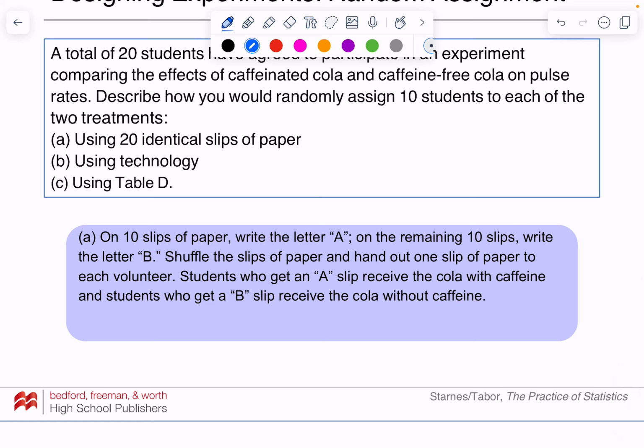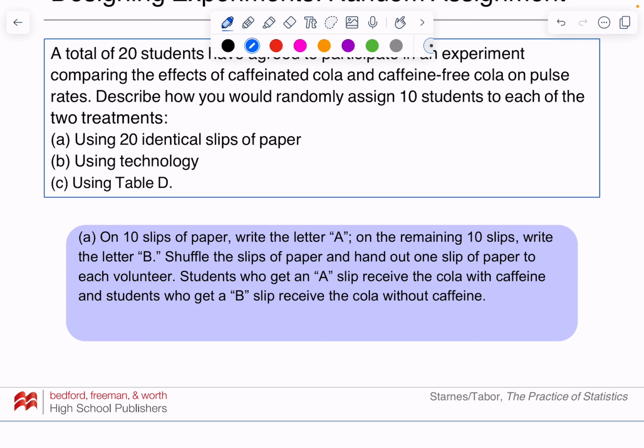Your book technically wrote, write the letter A on 10 slips, and on the remaining 10, you write B. Shuffle them around, have each volunteer pick one. Those who got A receive the cola with caffeine, and those who got B receive caffeine-free. Okay, so you can totally do basically names in a hat to get your random assignment.